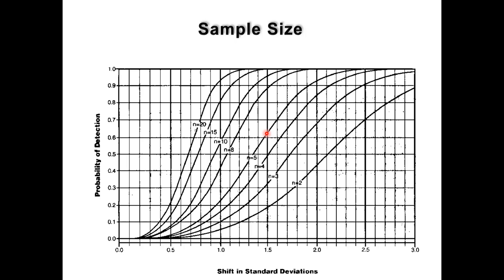At a 1.5 standard deviation process shift, you can afford to have only 5 observations in a sample, and you already have a high probability of detecting assignable causes.